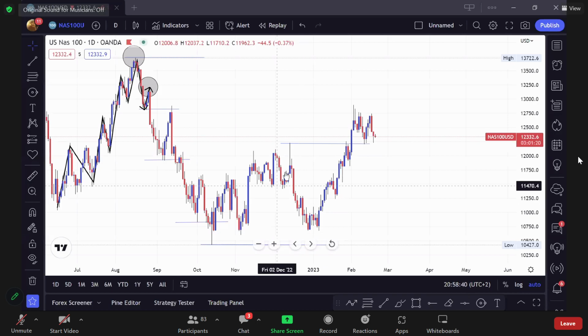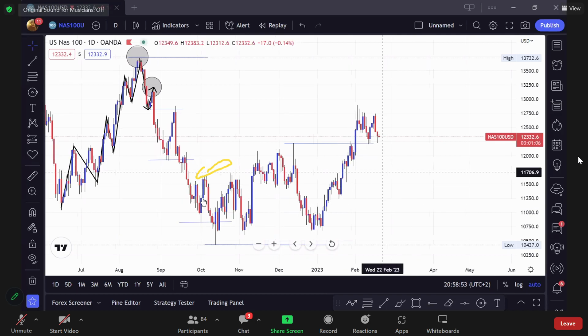This was our change, isn't it a change of character? Yeah, but obviously we couldn't identify this as a change of character yet. Why? Because it didn't take out the high.